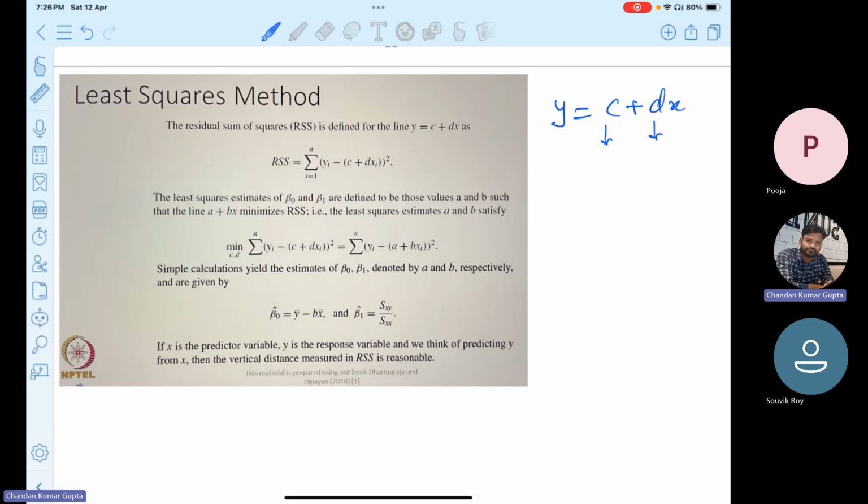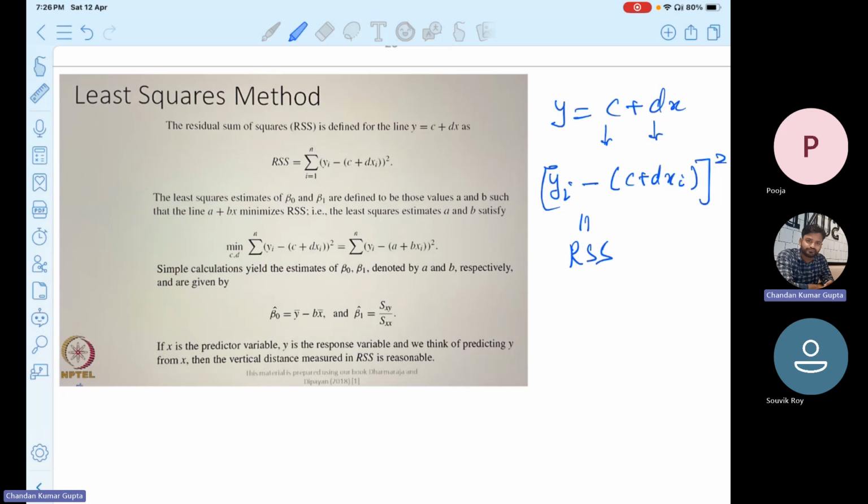Here y is the dependent variable and x is the independent variable. So what is the residual sum of squares? It is yi minus (c plus d xi), the difference between these values, and then taking the squares. This is the residual sum of squares, denoted as RSS.